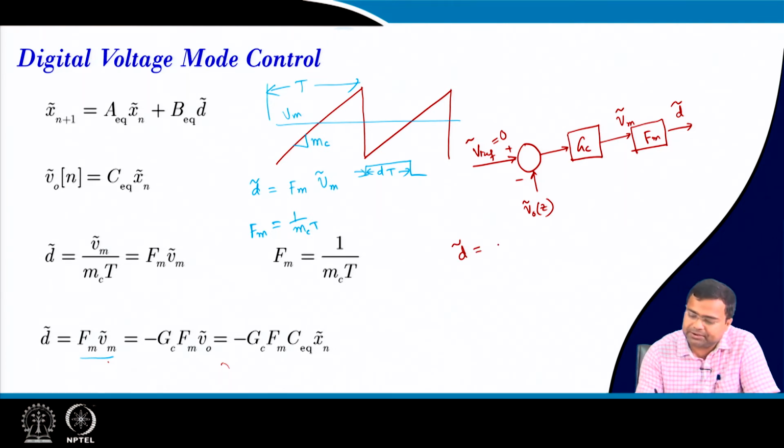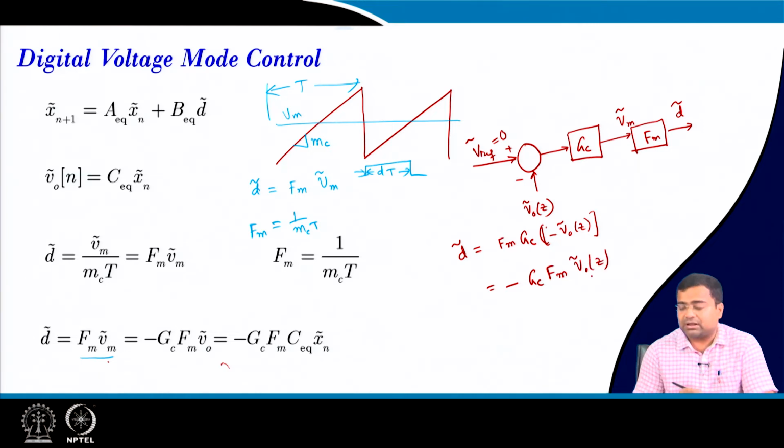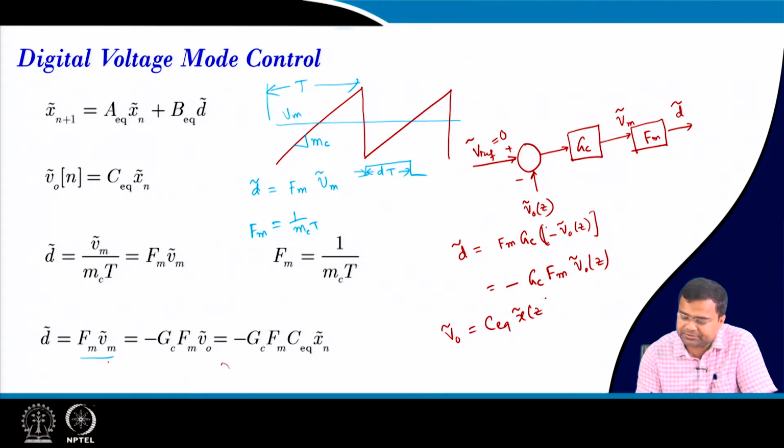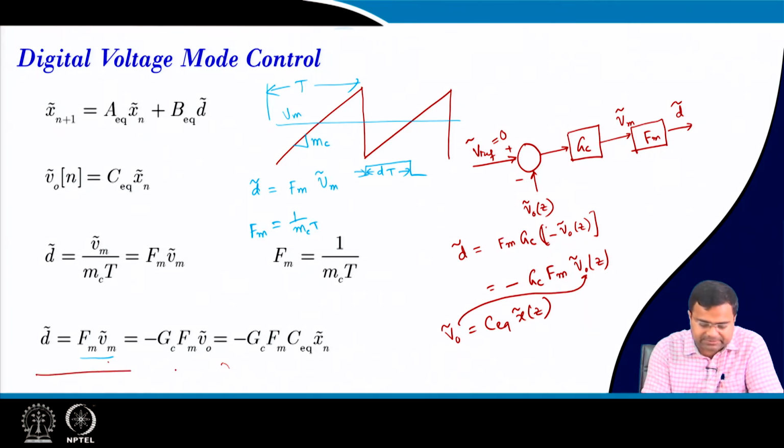It is simply Fm into Gc into minus V0Z, which is nothing but minus Gc Fm V0Z. And what is V0Z? V0Z is nothing but C equivalent into xz. So, you can replace this term here, then you will get this expression.